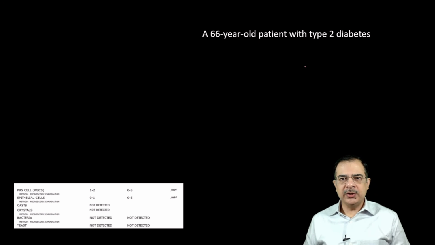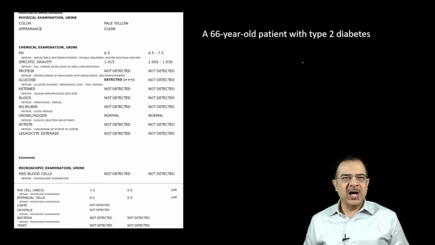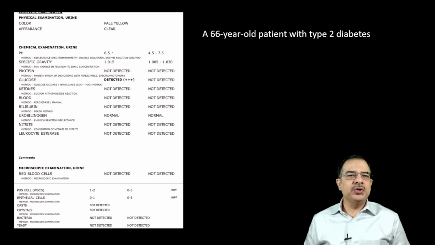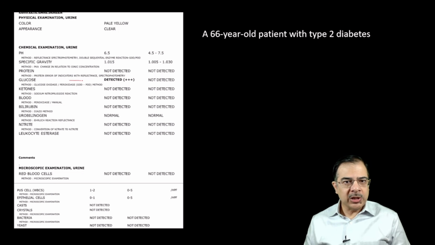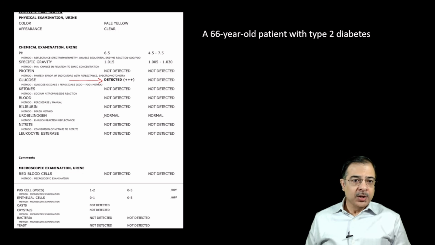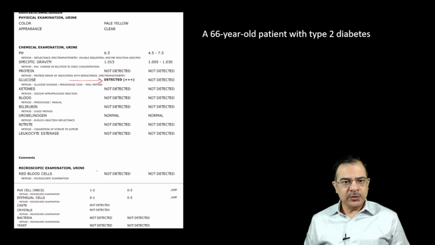Now a 66-year-old female with type 2 diabetes. So look here at the reactions. pH is normal, specific gravity is almost in the middle, 1.0115, but you can see here the glucose is 3 plus. So when the glucose is positive and the rest of the findings are negative, we will think of two possibilities. Why in a diabetes patient is glucose positive in the urine?